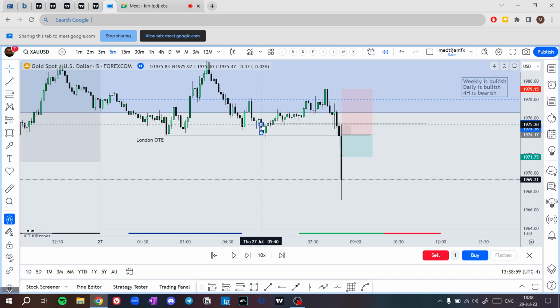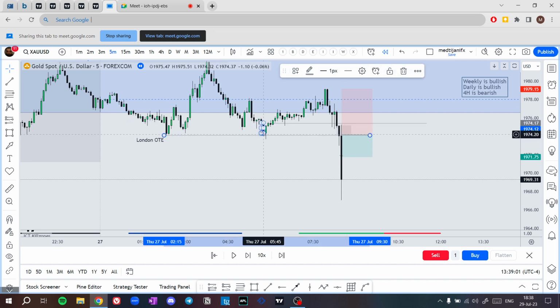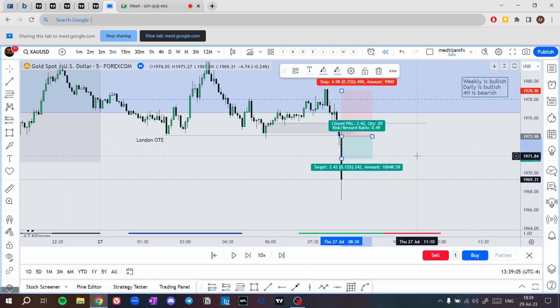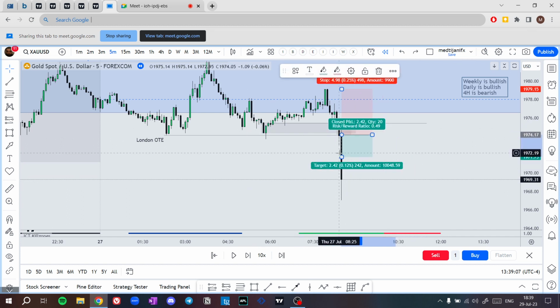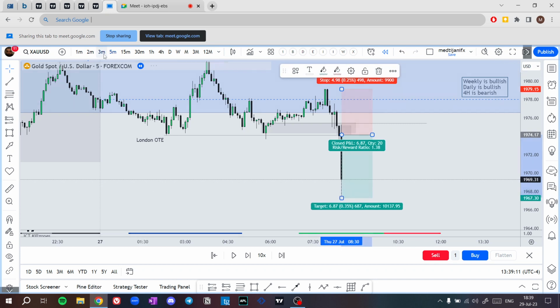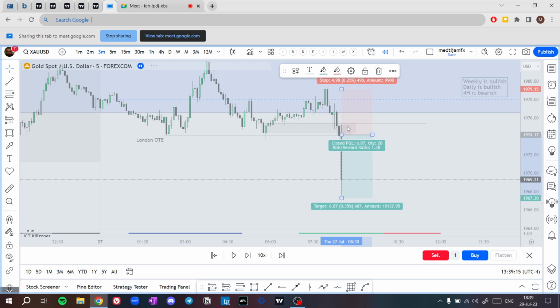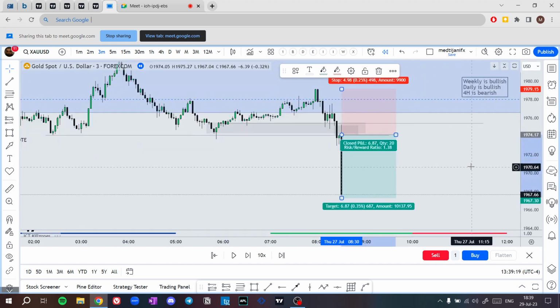If you use this breaker right here, that's what happened, right? But for me, I like to enter at fair value gaps, so that's why I use this fair value gap here as 3-minute time frame for my entry.